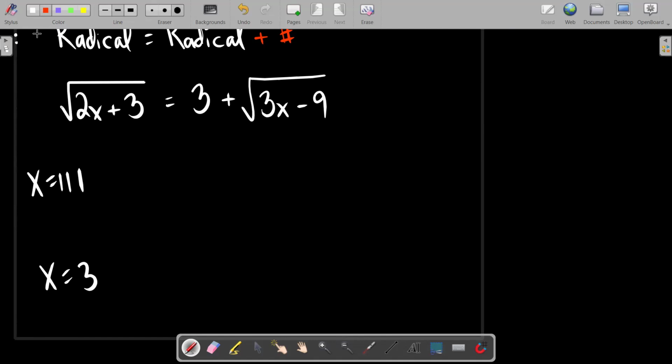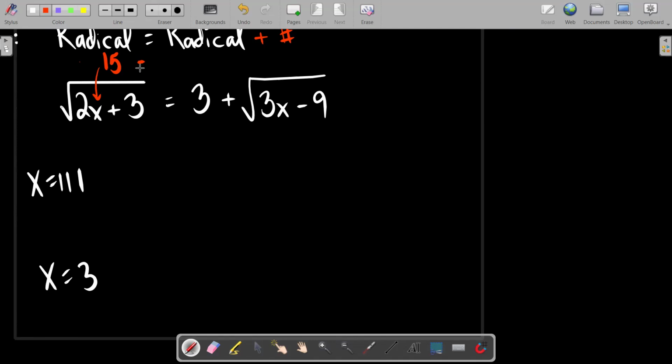We shouldn't need calculators for this, just for the record, but it's okay if you use them. If we put 111 where the red arrows are pointing, let's start with just the first red arrow. What's 2 times 111? And what's 222 plus 3? And what's the square root of 225? 15.